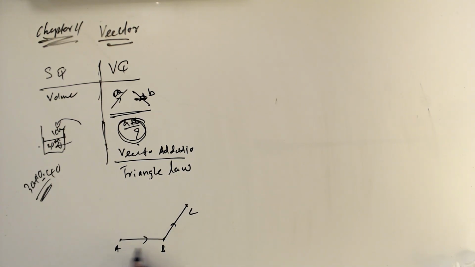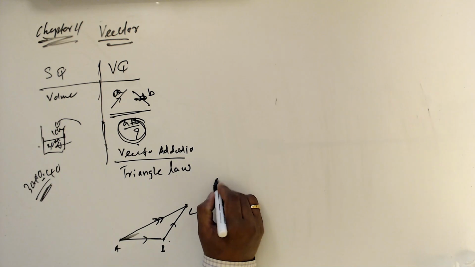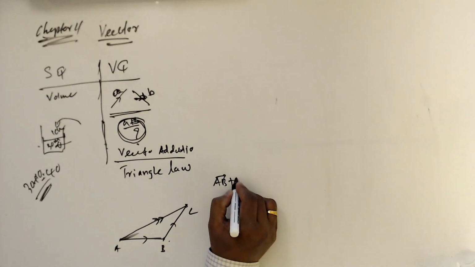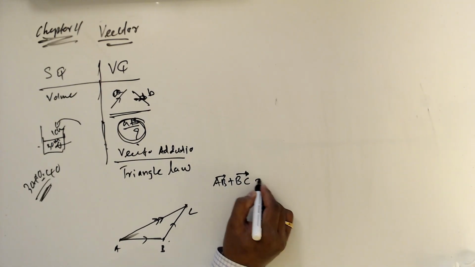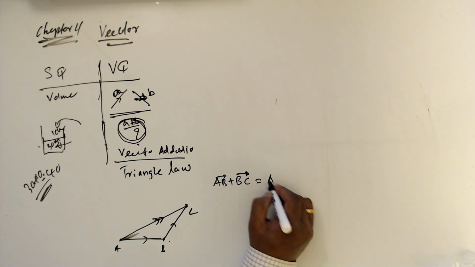Then how do you add AB plus BC? If you complete this triangle, the addition will show as AC. In other words, if you add AB and BC, the answer is AC.